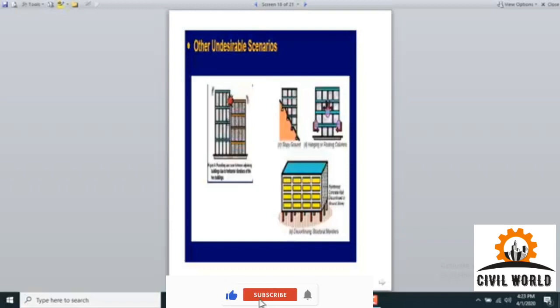So this is not the ideal case. When you are having two structures of various height being constructed at the same level, then you should have some distance between these two structures, and the distance is measured on the basis of the horizontal drift or movement.